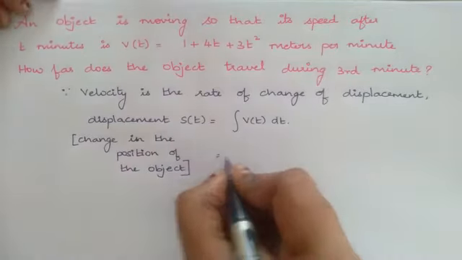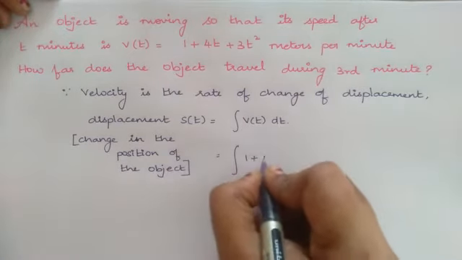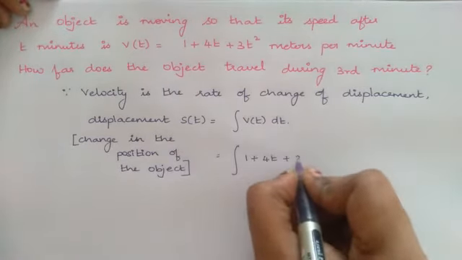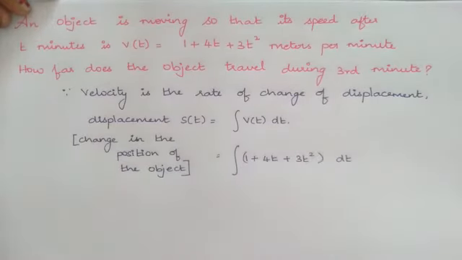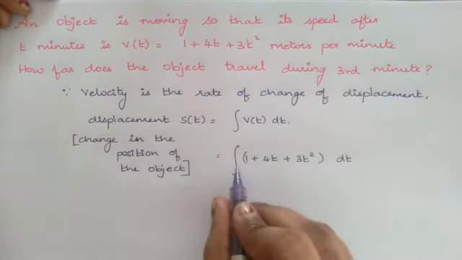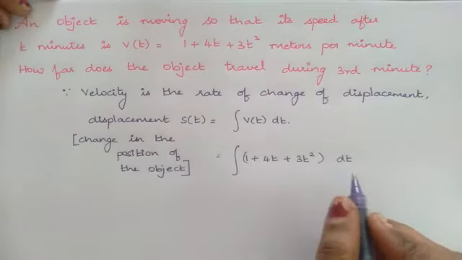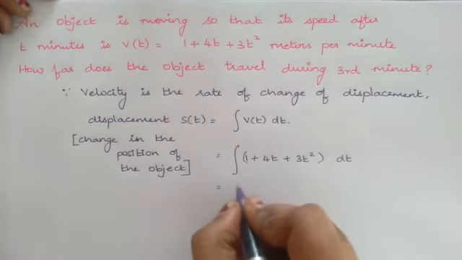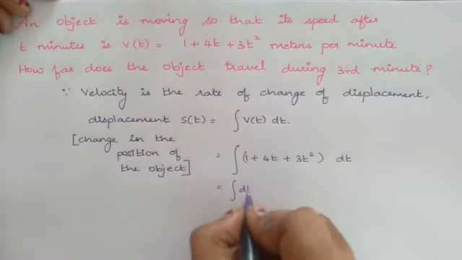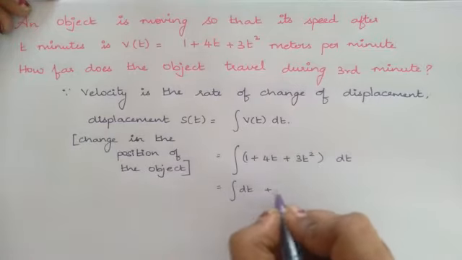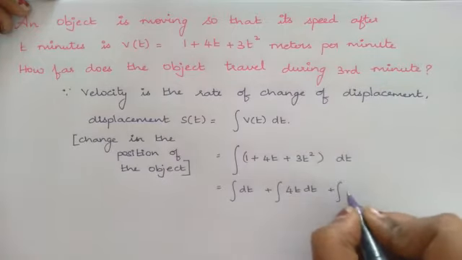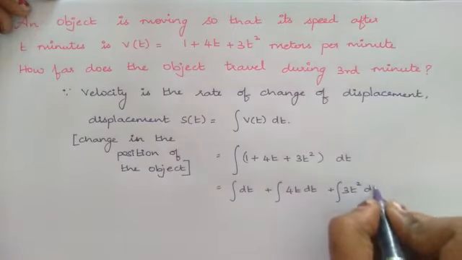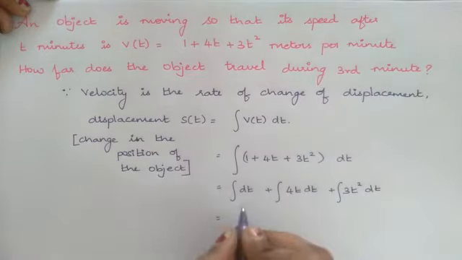So let's integrate: integral of 1 plus 4t plus 3t squared dt. Basic integration of an algebraic function. We have three terms here, so each term has to be integrated. This is integral 1 dt, or simply integral dt, plus integral 4t dt plus integral 3t squared dt.